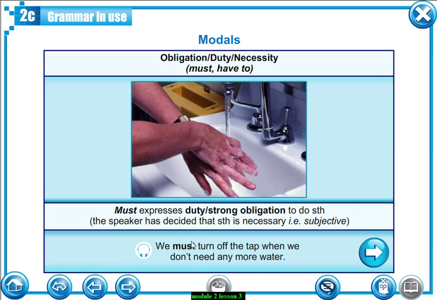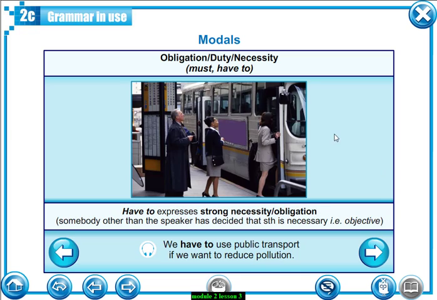As you see, we're using must here to express duty or strong obligation to do something. Okay? Now let's know the difference between must and have to. We use have to to express a strong necessity or obligation, but be careful about the difference.